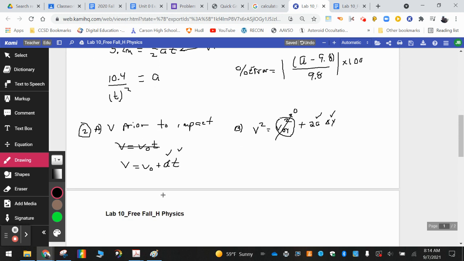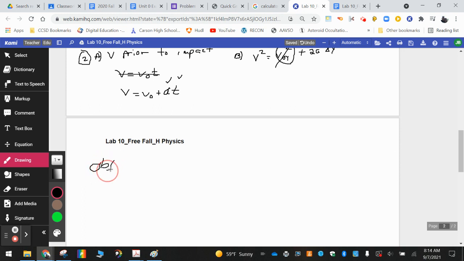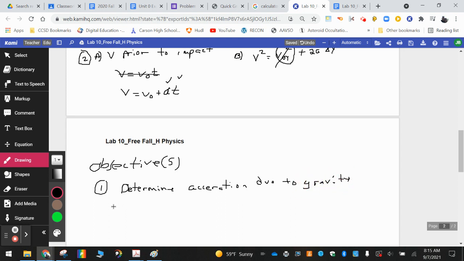Then objectives. Almost done here. What's going to be our objectives? There's two objectives. Objective number one is to determine the acceleration due to gravity using a toy globe to under 10%.